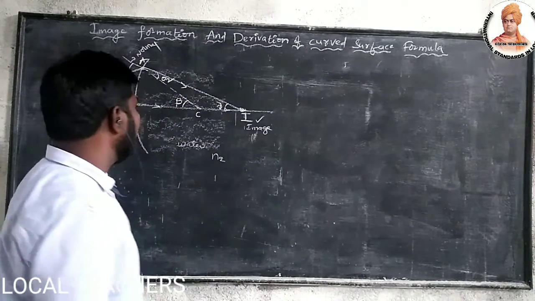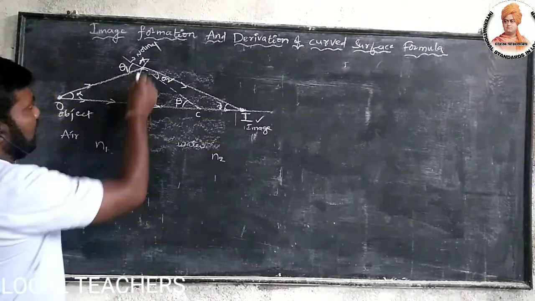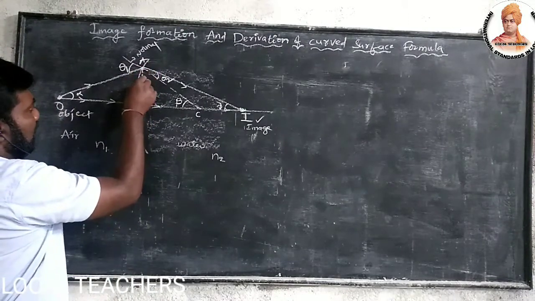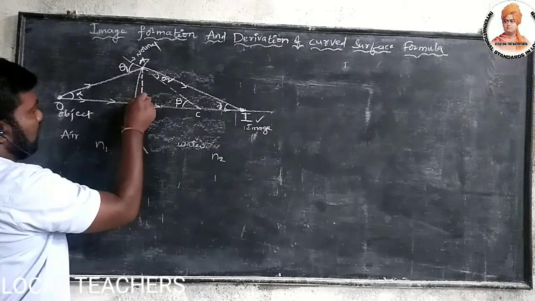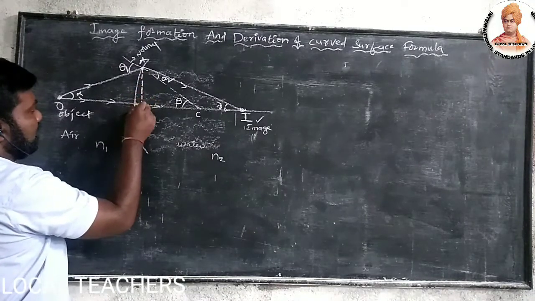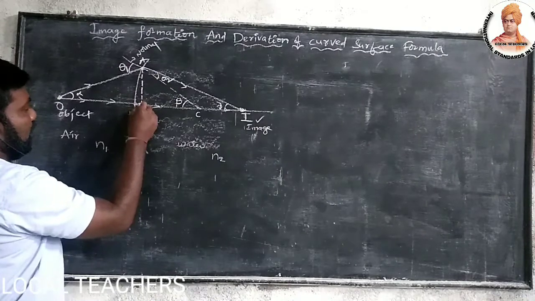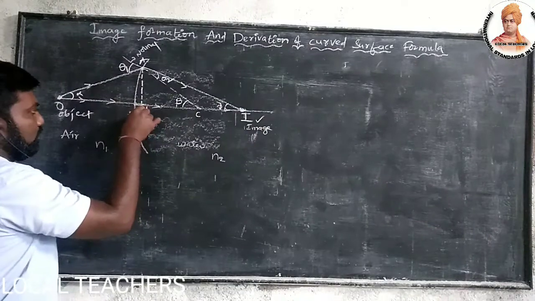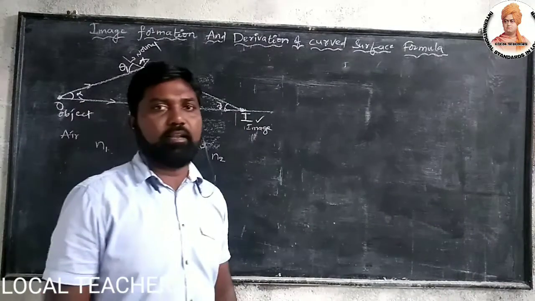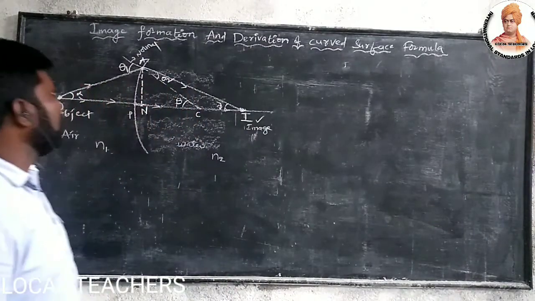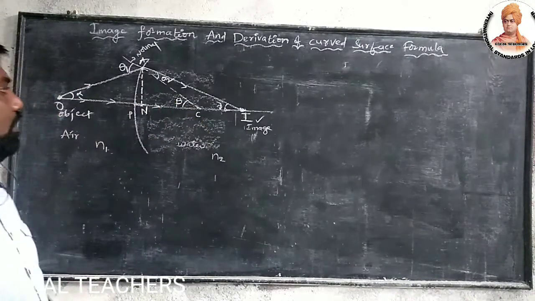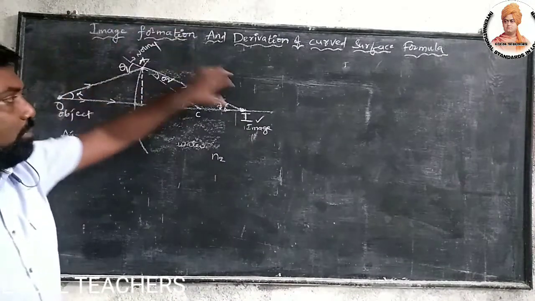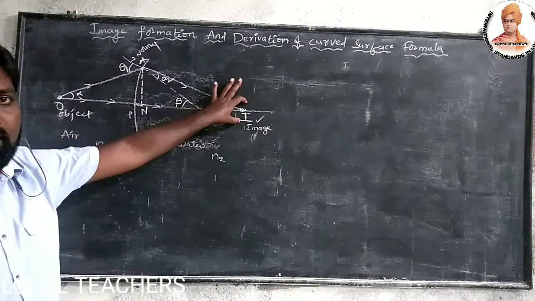Here I am drawing a perpendicular line from point A to the principal axis. This perpendicular line meets the principal axis at a point that I denote with N. So I considered an object O and it forms an image at I.